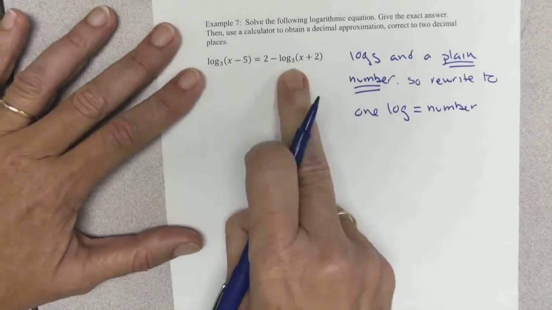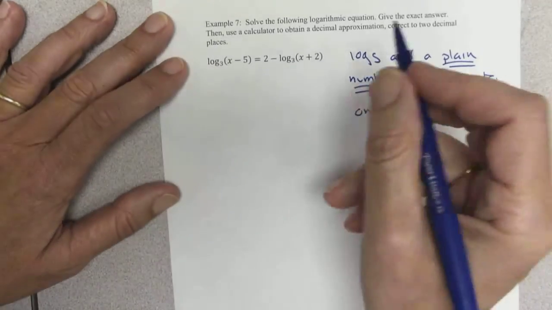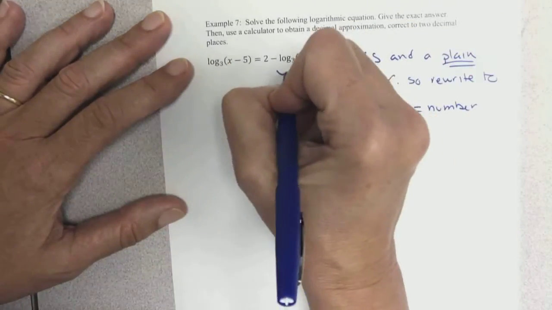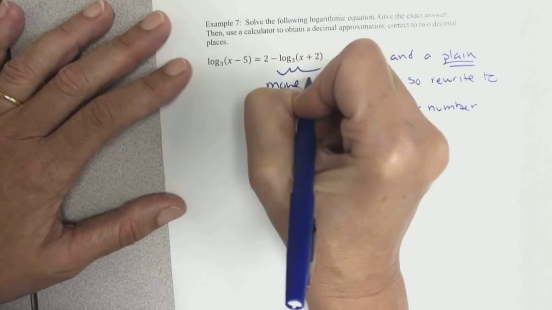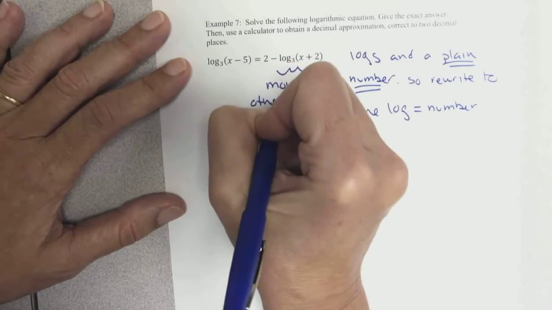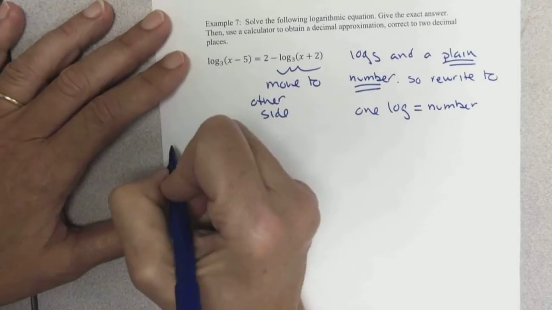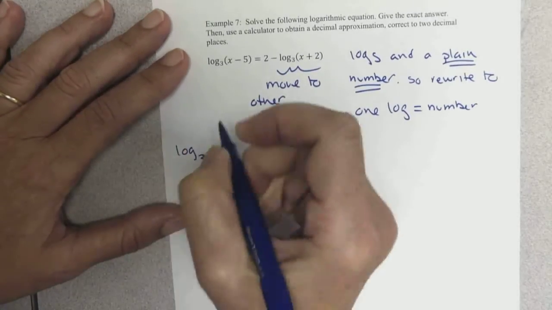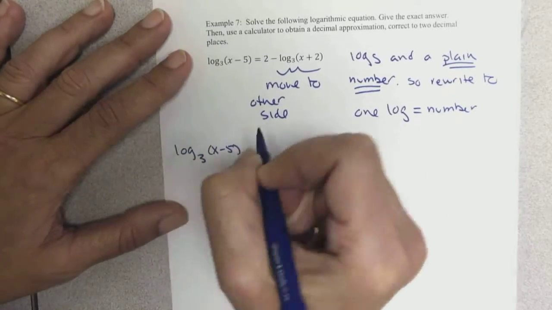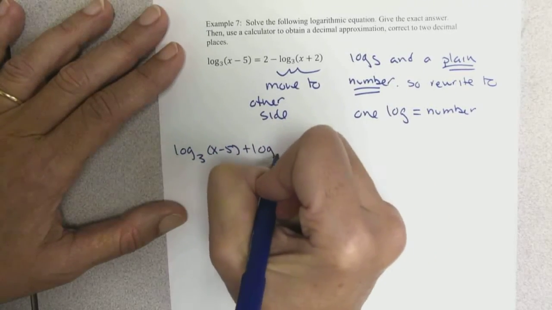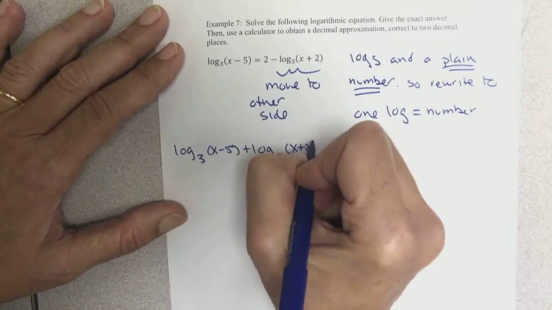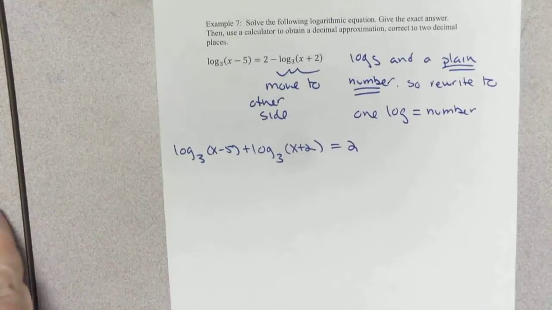So first thing I'm going to do is move this logarithm to the other side, because I want to get that number alone. And so that's going to be log base 3 of x minus 5 plus log base 3 of x plus 2 equals 2. Then it says 1 log.